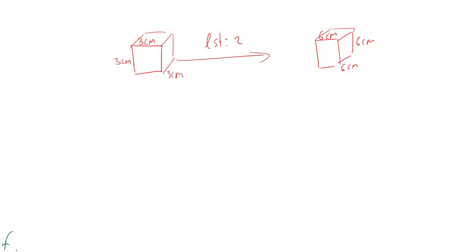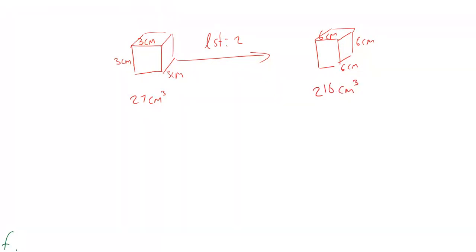So let's see if we can work out these volumes now to work out how much this volume has increased by. So if I do 3 by 3 by 3, then I'm going to have 27 centimeters cubed as my original volume. If I do 6 times 6 times 6, I'm going to have 216 centimeters cubed.